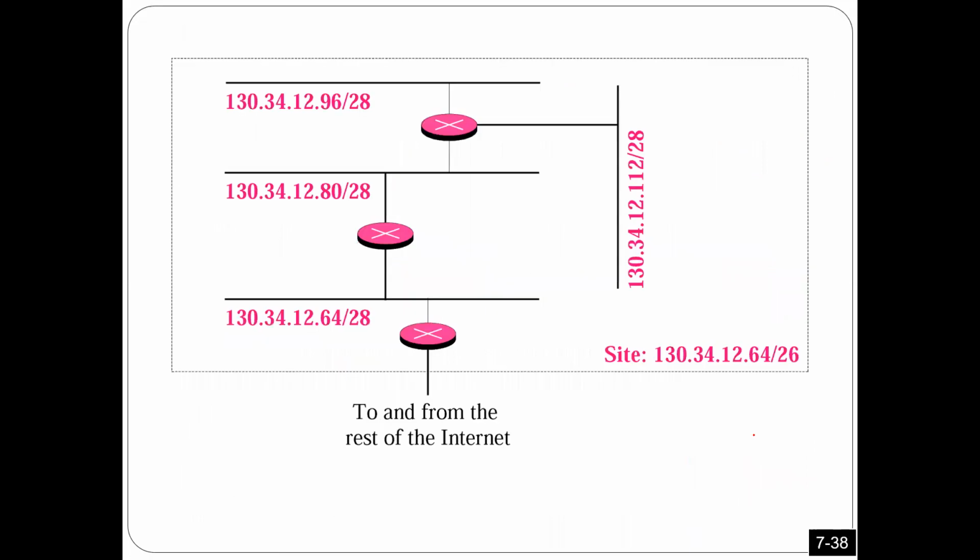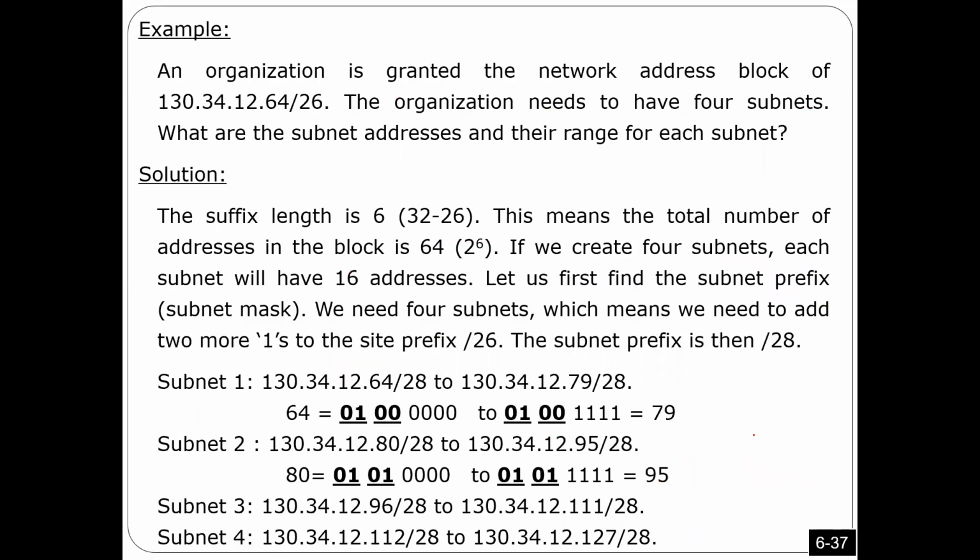Okay. The next example is an organization that is granted a network address block. Again, this is a block, which means we have several addresses. This is the address I give to you.